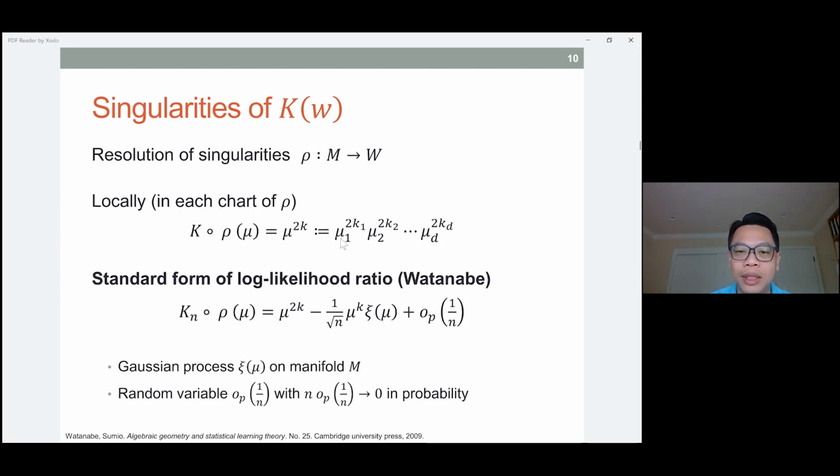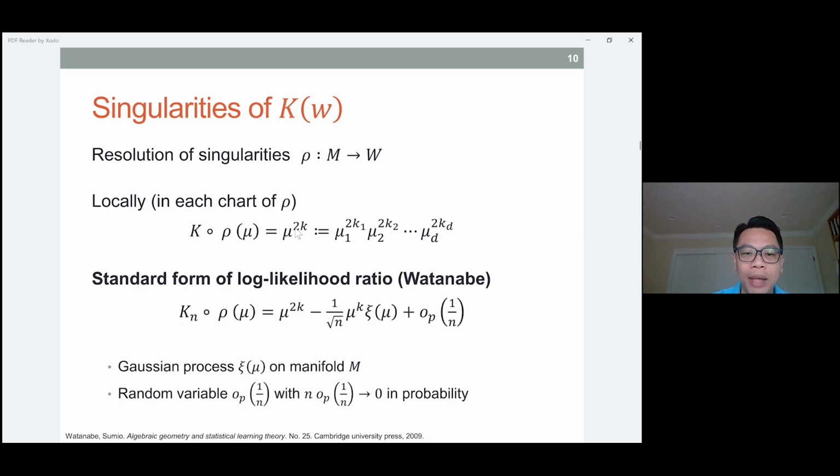In the local coordinates mu1 to mu d, I have mu1 to 2k1, mu2 to 2k2, and so on to 2kd. The reason we have this power of 2 is because this Kullback divergence or relative information is always non-negative, so we have a square term here.